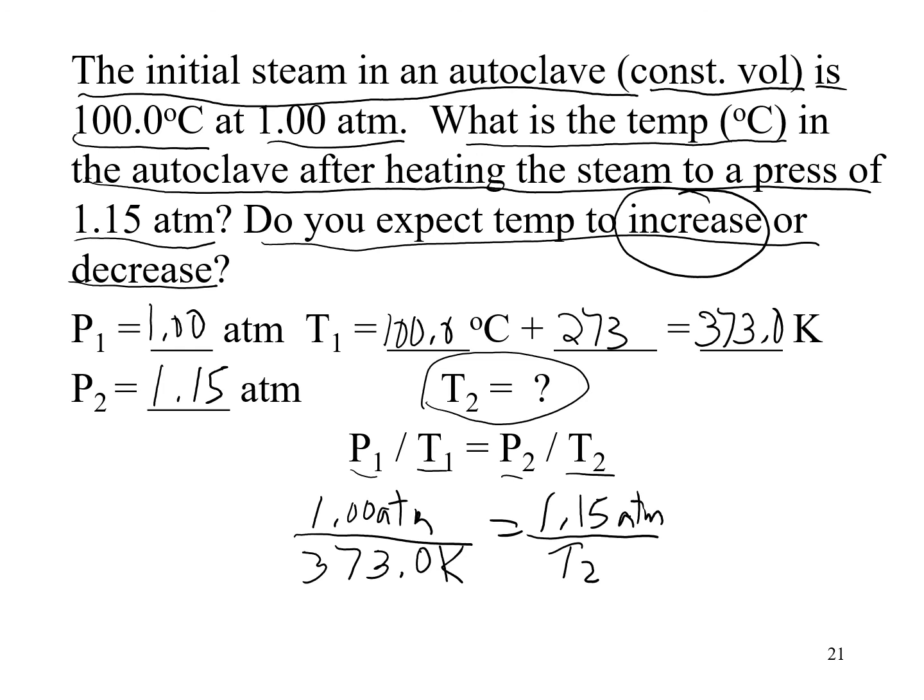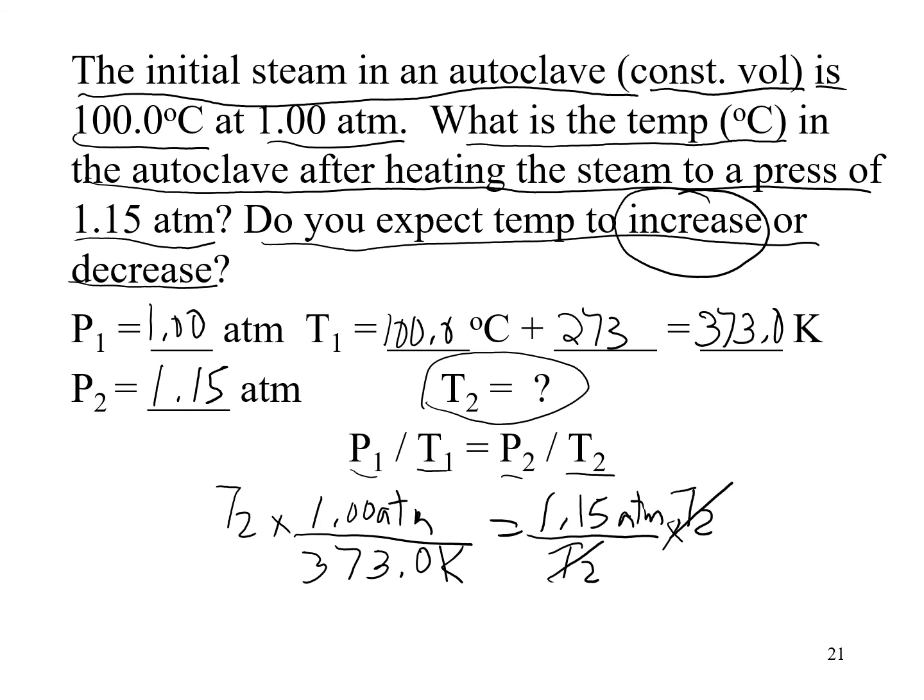In this example, our unknown is at the bottom of a fraction. To solve for T2, it needs to be at the top of the fraction. So in order to get T2 to the top, I'm going to multiply both sides by T2. And by doing that, I can cancel the T2s on the right side of the equal sign.